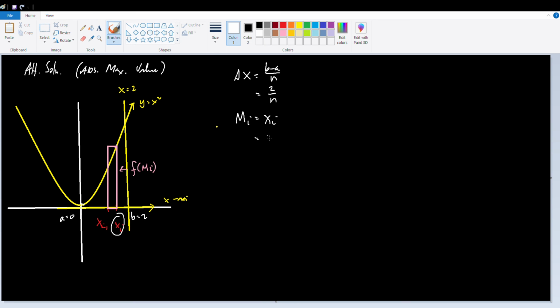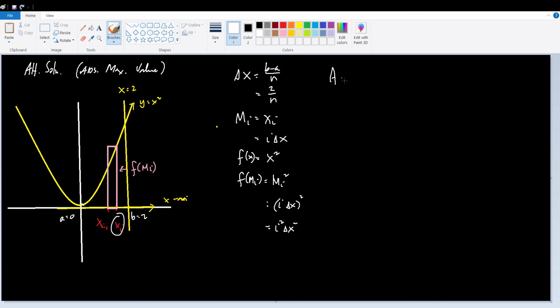So xi is i delta x. Next, our f of x is x squared. So f of capital Mi will be equal to xi squared, or Mi squared. And our Mi is i delta x quantity squared, or i squared delta x squared.